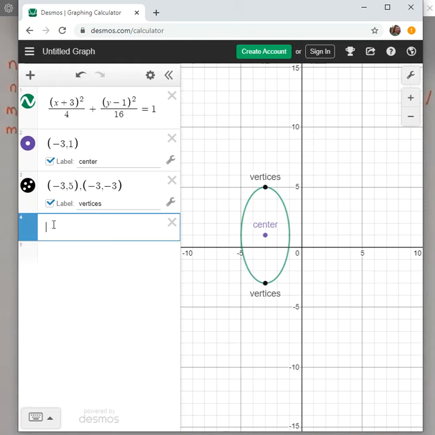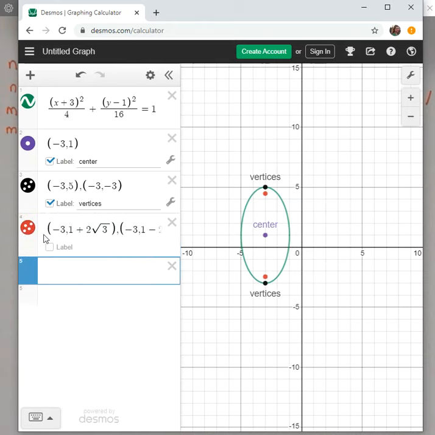It's also supposed to have foci at negative 3 comma 1 plus 2 square root of 3 and negative 3 comma 1 minus 2 square root of 3. Notice I'm just drawing 2 points on the same line here with a comma in between them, so I can label them at the same time. These are the foci. Okay, so there's that ellipse.